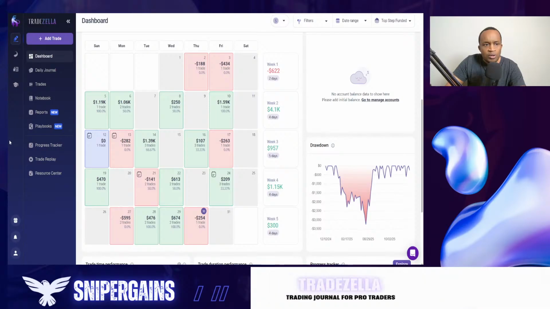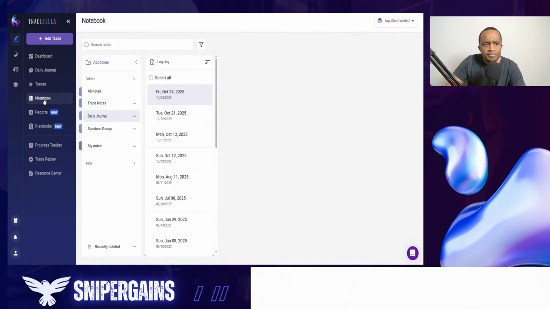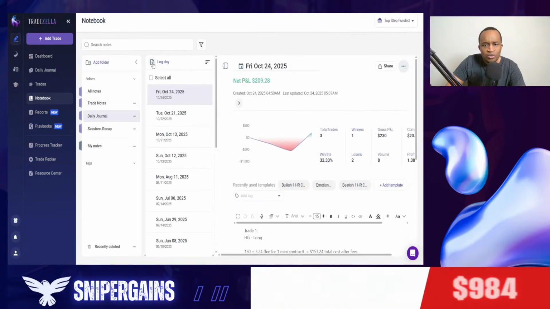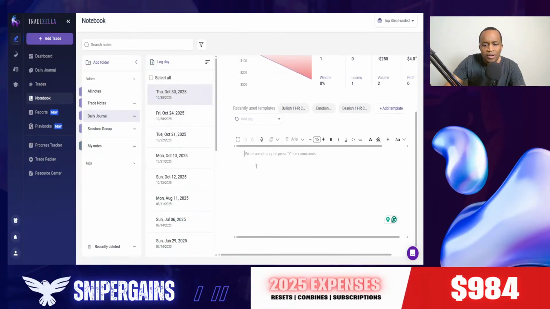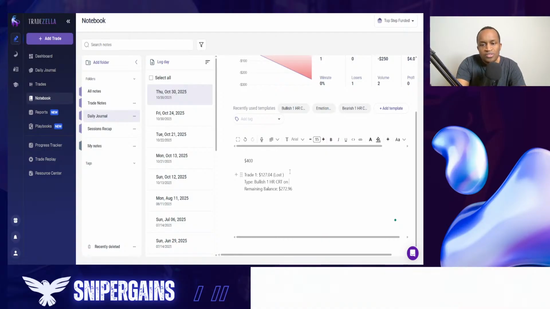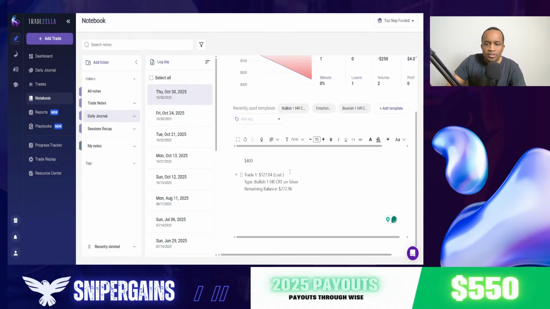I'm going to go to the notebook. We're going to log the day, choose today. Then I'm going to write that part down. So trade 1 was type bullish 1 hour CRT on silver. It was a loss.